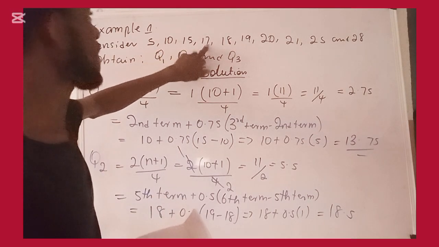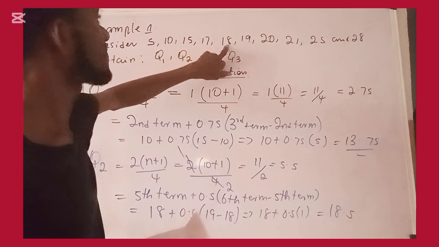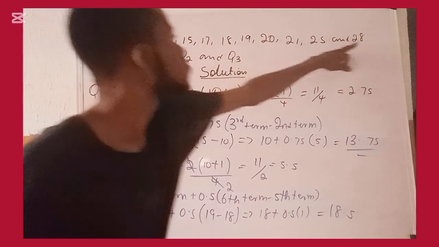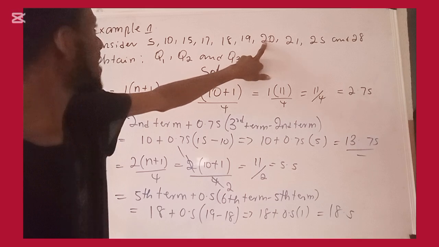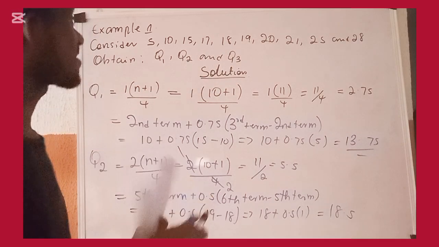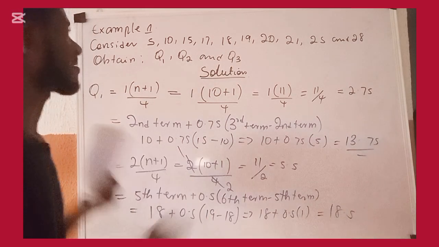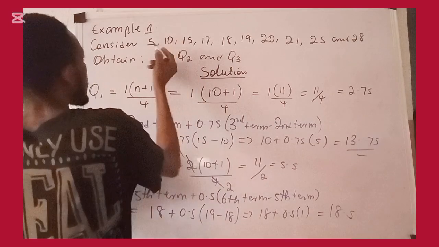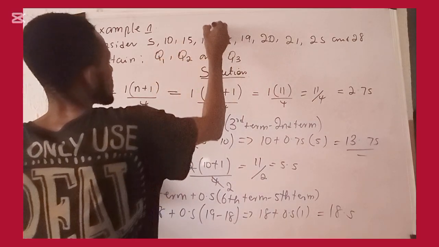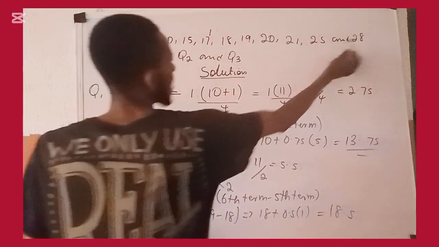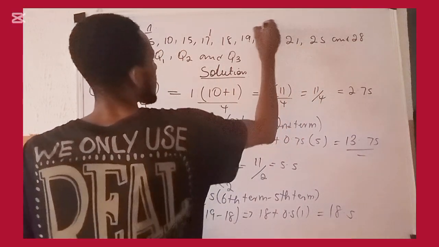Let us look at something. If I want to find the median the way you know, I count 1, 2, 3, 4, 5.